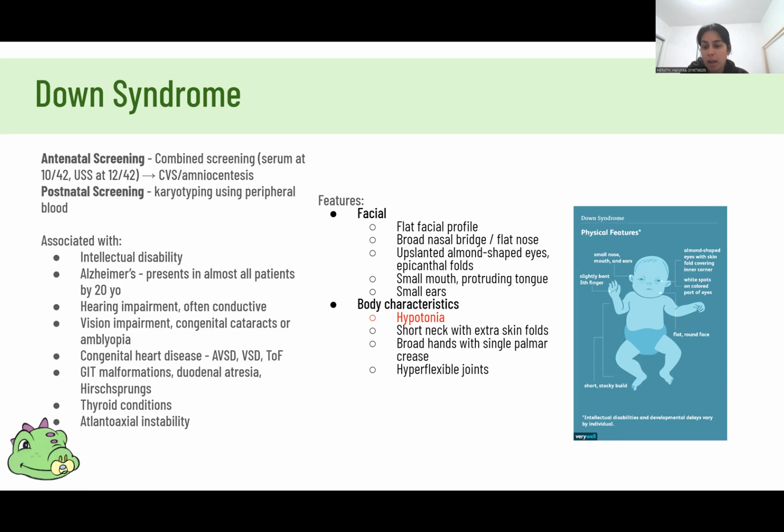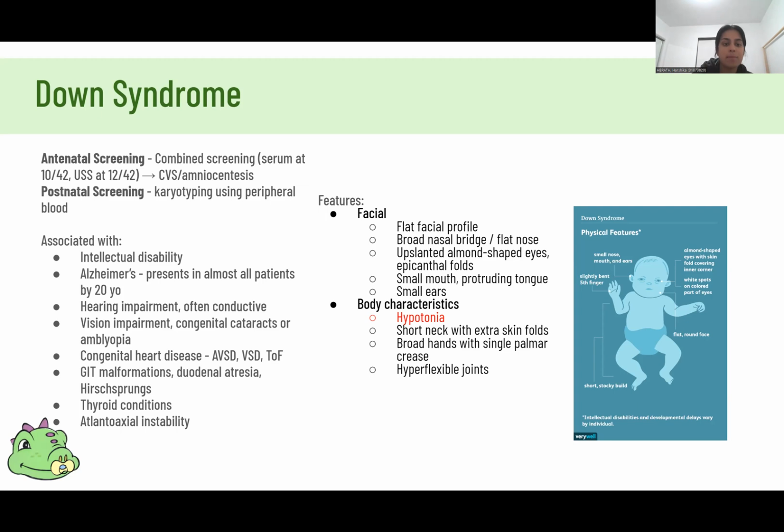Hypotonia is evident almost straight away. Once the baby becomes slightly older, like a day or two old, the facial features become really prominent: the flat facial profile, broad nasal bridge, epicanthal folds, and particularly the small mouth become a lot more prominent on day 1 or 2.